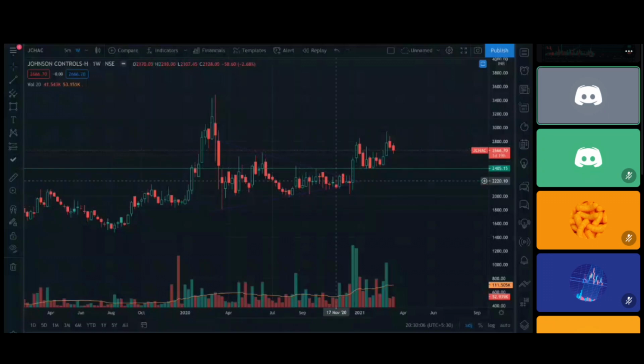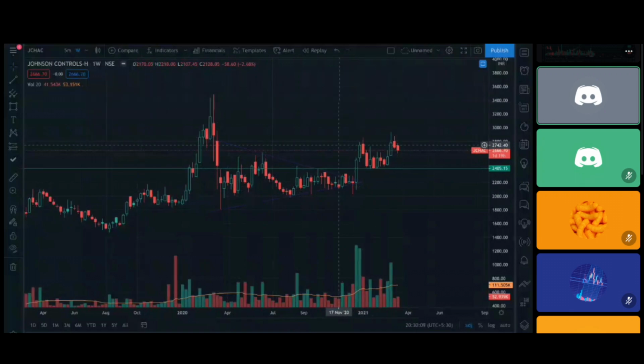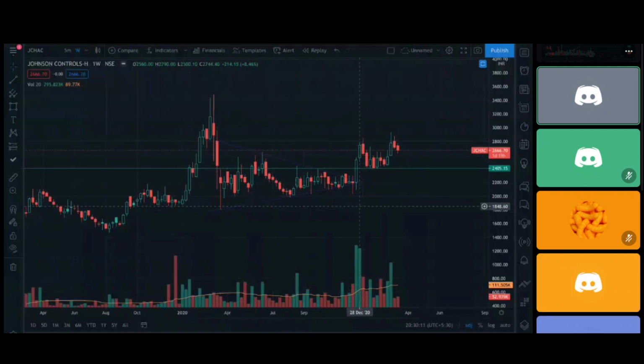But from here to here, the stock is also in correction. Actually, consolidation can also be called correction depending on where the move is happening. So from here to here, the stock corrected through time, right, before giving a breakout.